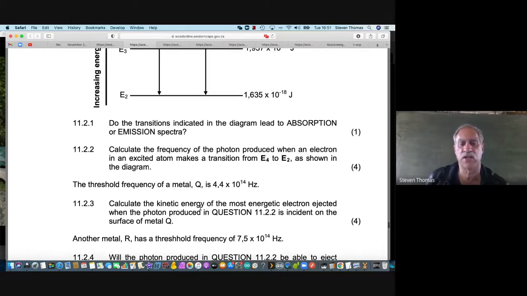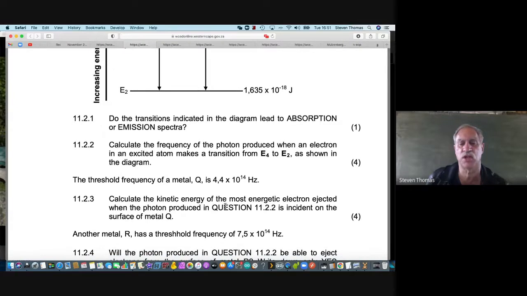Calculate the kinetic energy of the most energetic electron ejected when the photon produced in question 11.2.2 is incident on the surface of the metal. So if we know the threshold frequency, you multiply by Planck's constant and we get the work function.